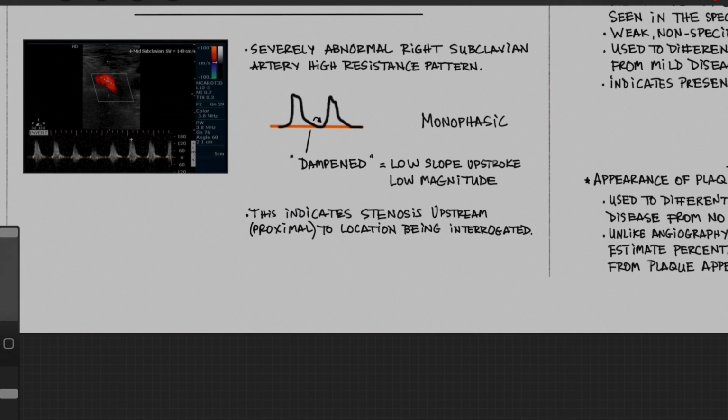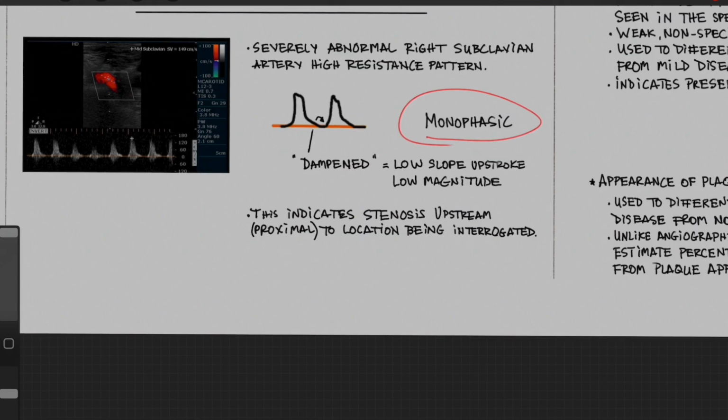And another one, this is the monophasic one. Super important because in vascular land, you oftentimes do not see high velocities. Like in echo land, we're generally looking at the velocities and the DVI across the aortic valve. But in vascular land, sometimes all you see is a monophasic pattern with lowish velocities.